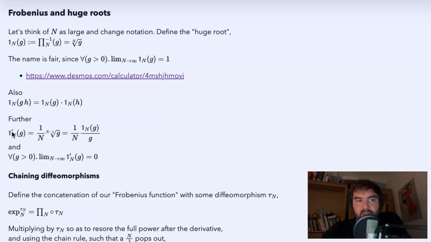And the fact that this derivative is simple also will play a role, right? This is literally just basically dividing by g. And you already might see the connection this has to the logarithm, right? The standard logarithm, ln of g, if you take the derivative with respect to g, it is 1 over g. This is basically the source of this. This sort of high root function will be the source.